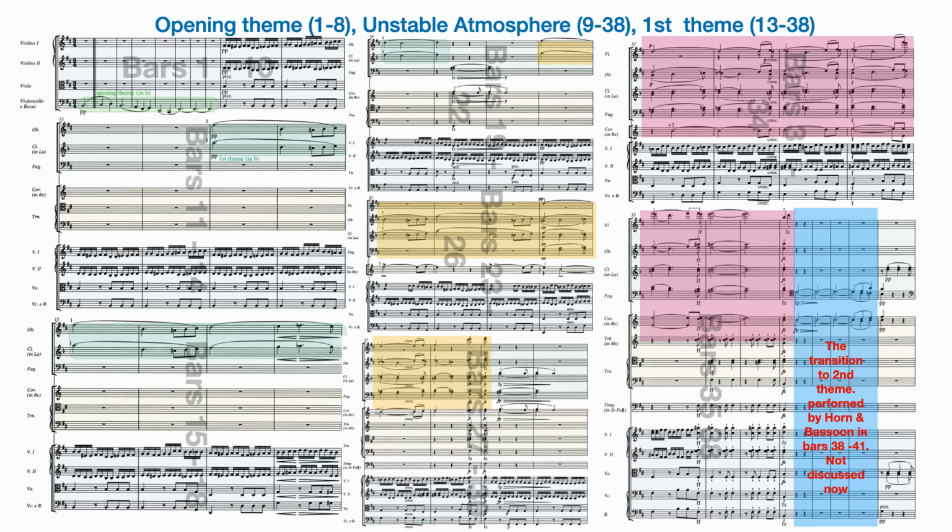This is the core substance of the unstable atmosphere. And then the second component, the low string, also in bars 9 to 38. It accompanies the high string to enhance the feeling of instability.